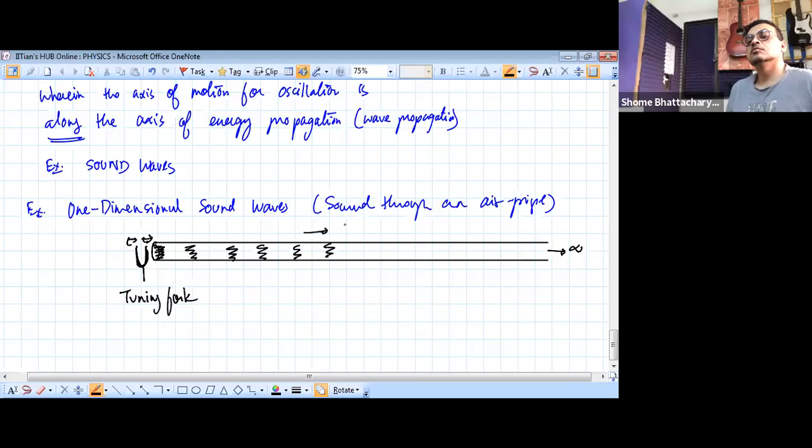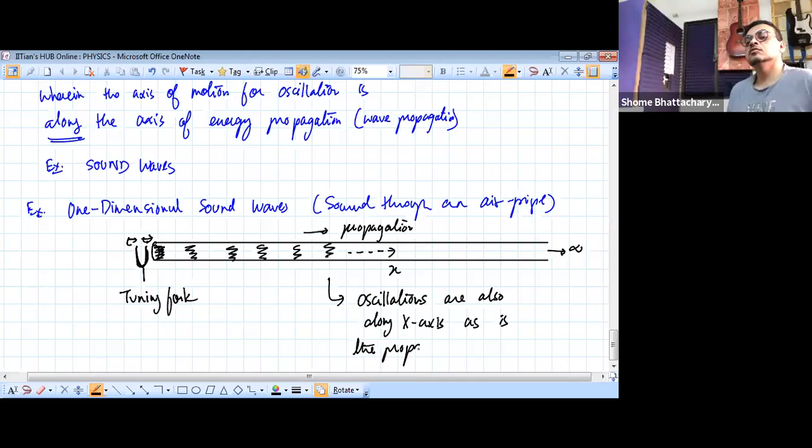As it vibrates back and forth, it creates oscillations like this. So if this is the direction of propagation, and we are taking this as our x-axis, then the oscillations are also along the x-axis, as is the propagation of energy.